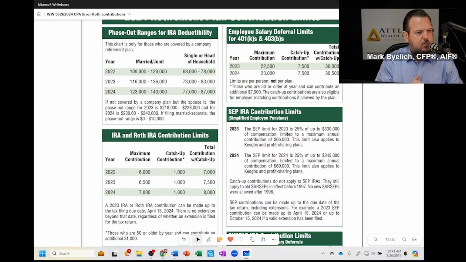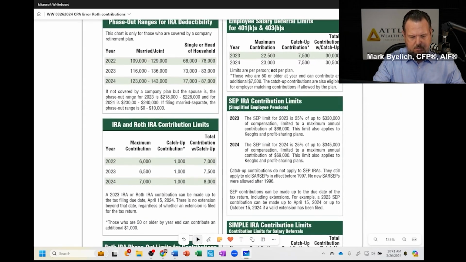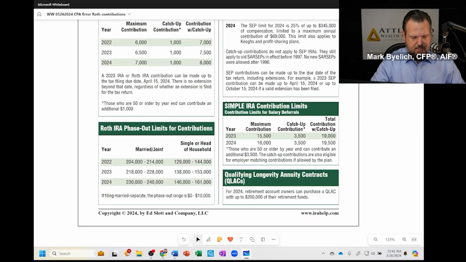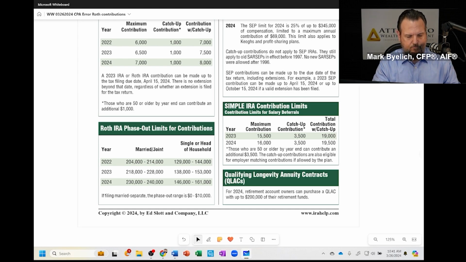So let's talk about modified adjusted gross income. Well, let me start here. We're talking about this section here, which is phase outs. I'm just moving my keyboard out of the way so I can pull this whiteboard down. We're talking about these phase out limits for contributions.